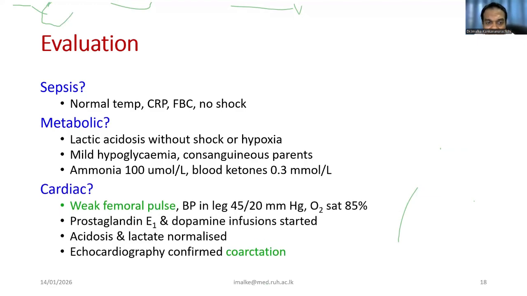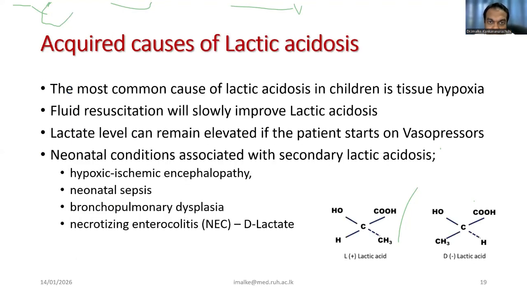And then the cardiac cause: after resuscitation, we felt that the child had weak femoral pulses. Later on, the diagnosis was made as coarctation. Even if you think of a metabolic condition, think of common conditions at the beginning. So this is coarctation of the aorta resulting in shock, right? I'm not going to discuss this part.